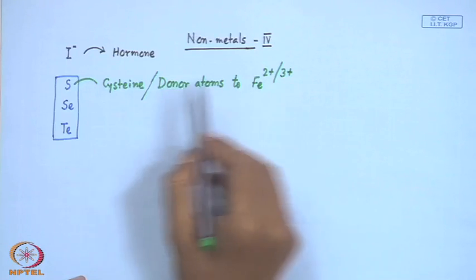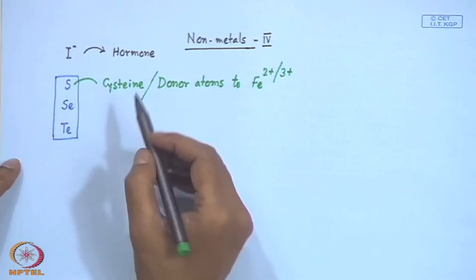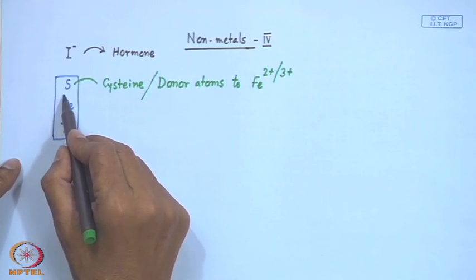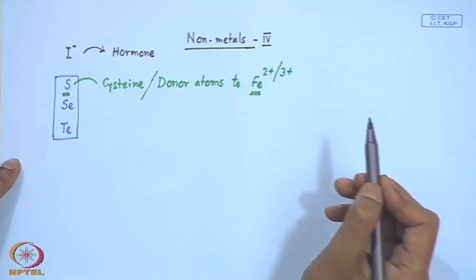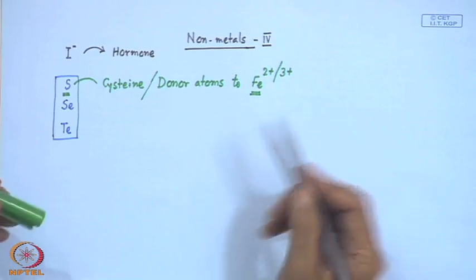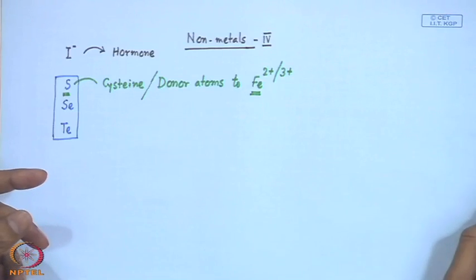So, in most cases it is a hybrid thing where the properties of the donor atoms as well as the properties of the metal centers can take part in controlling all these biological reactions.